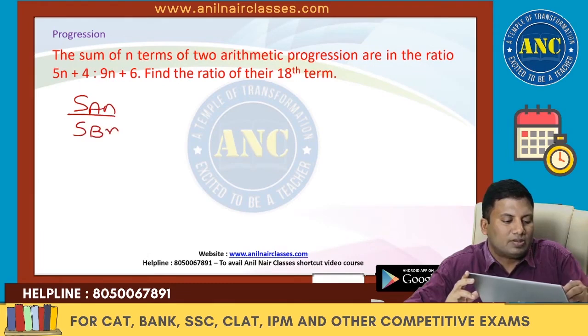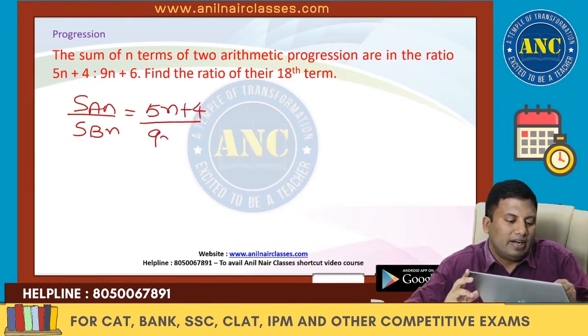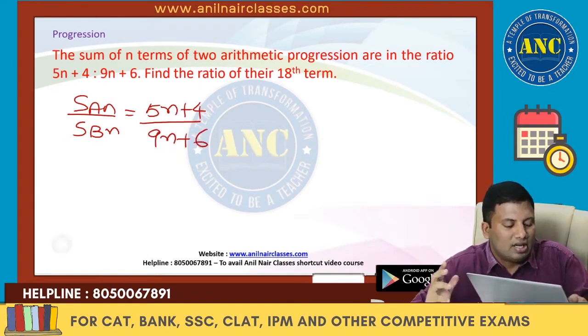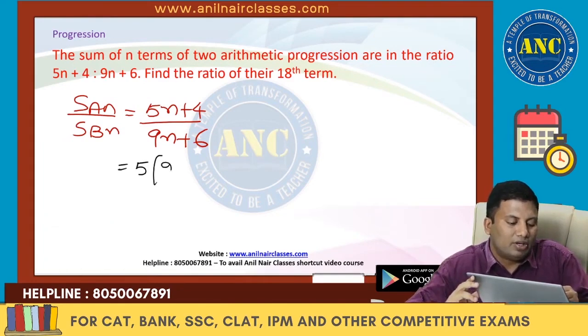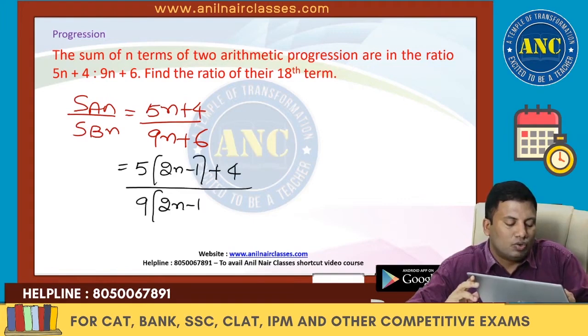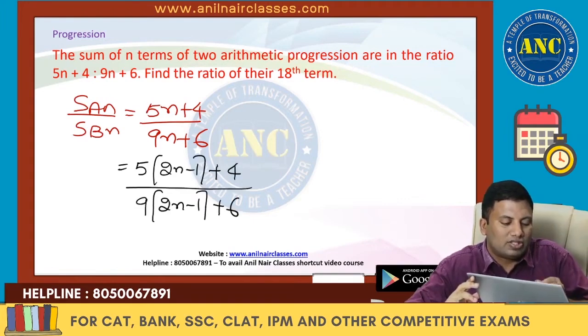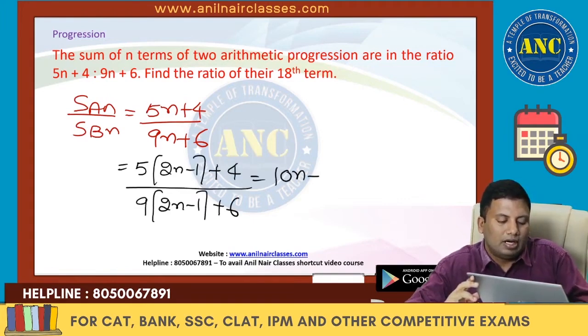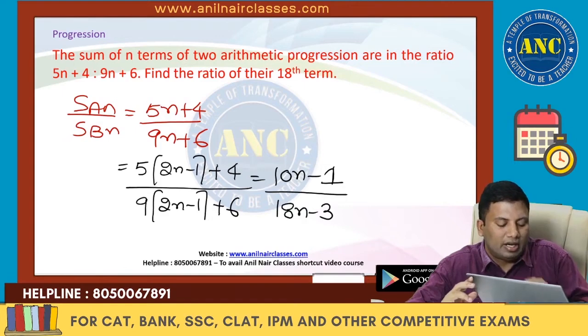SAn by SBn is 5n plus 4 divided by 9n plus 6. Replace n with 2n minus 1. 5 into 2n minus 1 plus 4 divided by 9 into 2n minus 1 plus 6. This gives 10n minus 1 divided by 18n minus 3.